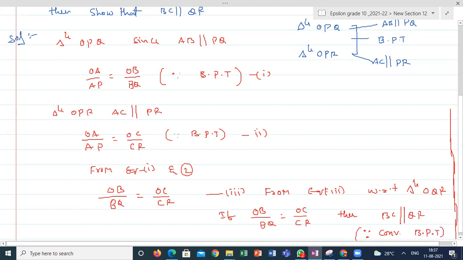Simple. Two steps from the basic proportionality theorem automatically give one more expression. That expression will be helpful to apply the converse of BPT in the remaining third triangle. Clear, guys, what I'm saying? Yes, sir.